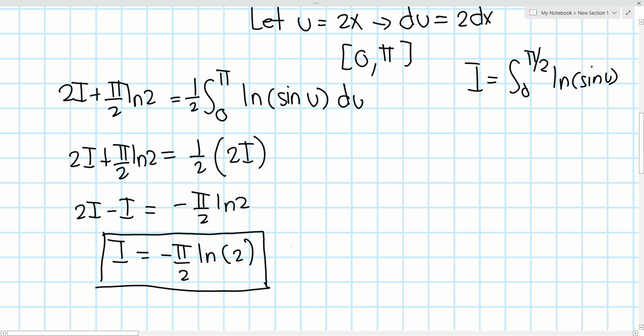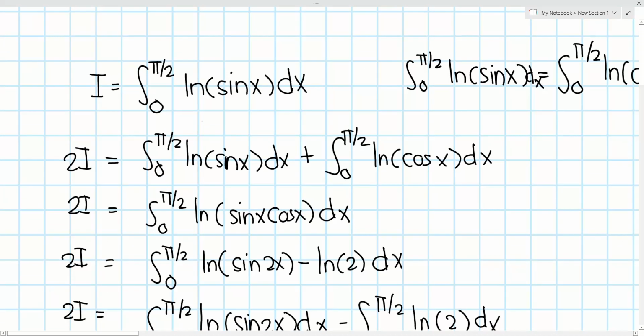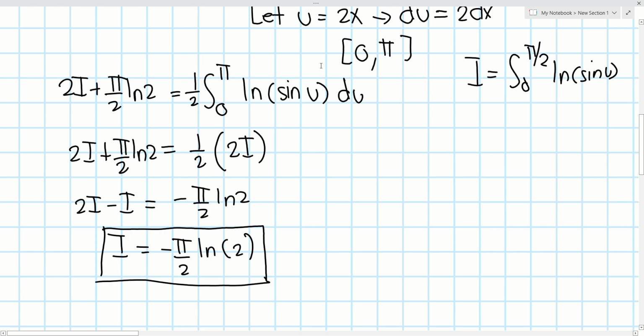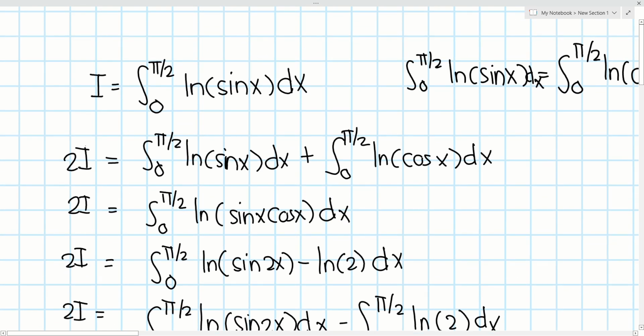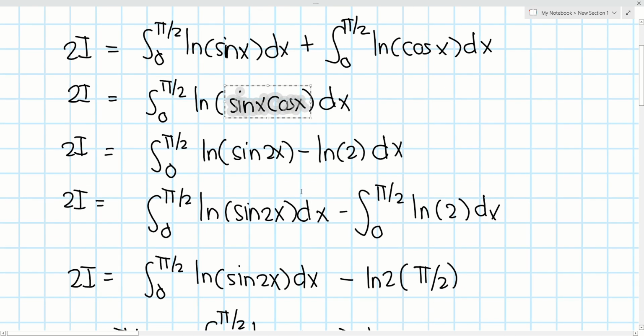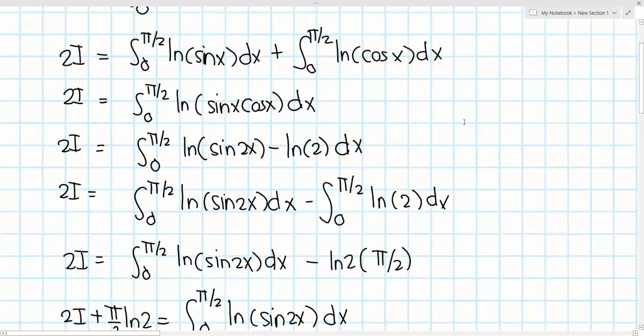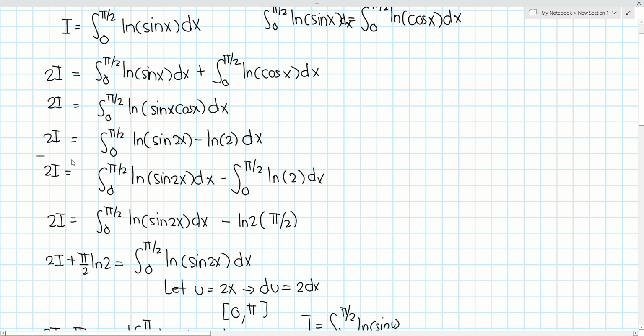We seemed so lost at the start because this one, ln of sine of x, doesn't have an elementary antiderivative. But we have some techniques, because we know that sine x and cos x integrals are equal. We've proven that, and then via the double angle identity, we were able to induce a constant, minus ln 2 dx.